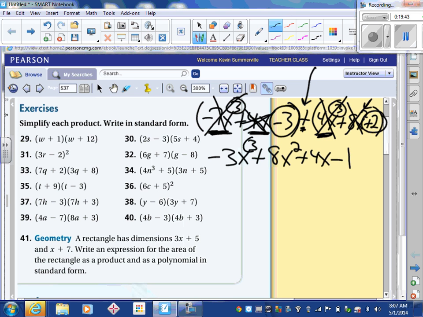We have highest exponent down to lowest exponent down to no exponent. If you do it this way, you won't lose out on any of the numbers, and it'll be in standard form at the end. If you do it any other way, you'll get the same answer, but then you have to move things around. So think of it as the highest exponents down to the lowest exponents.